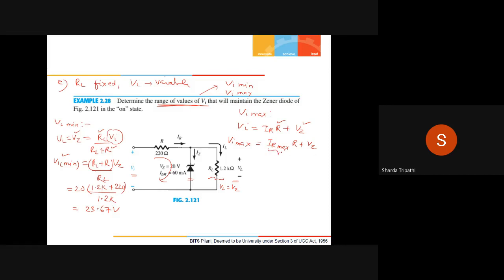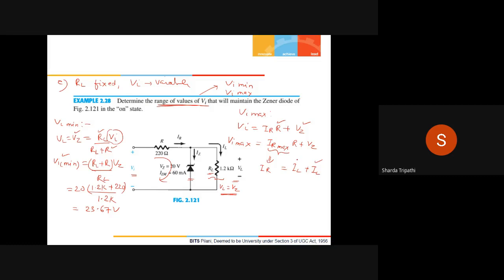So now the question is, how do I calculate this IR max? So again, if I apply KCL, I know that IR is equal to IZ plus IL. Now in this case, IL is fixed. Why is IL fixed? क्योंकि RL तो fixed है और voltage भी fixed है, क्योंकि मुझे पता है कि डायोड ब्रेकडाउन रीजन में ऑपरेट कर रही है, तो वोल्टेज इसके अक्रॉस फिक्स्ड ही रहेगा. So IL is fixed.